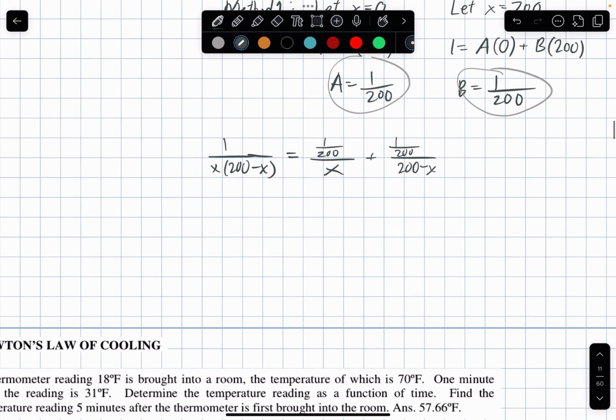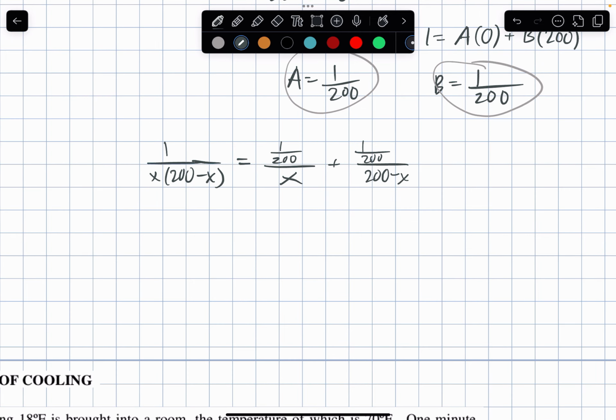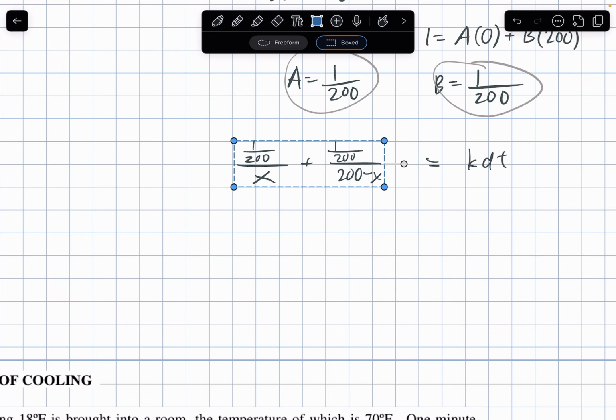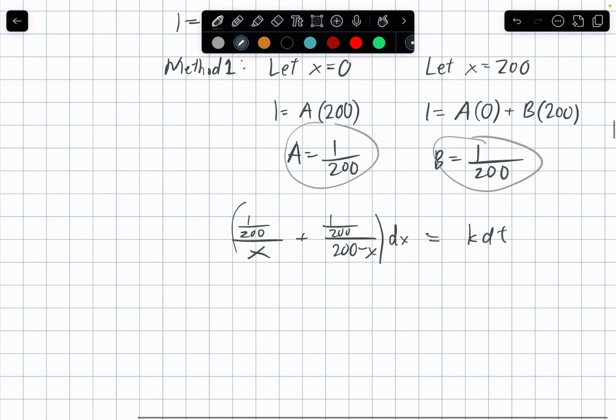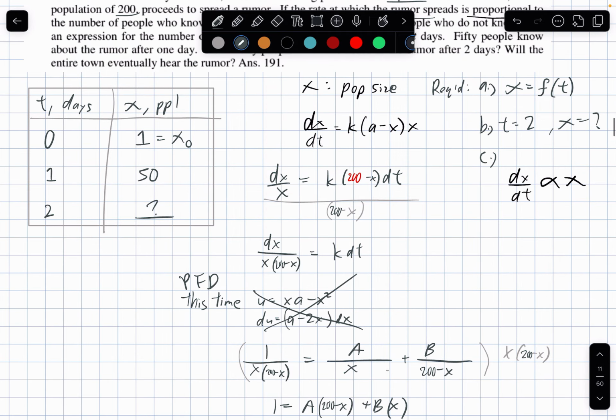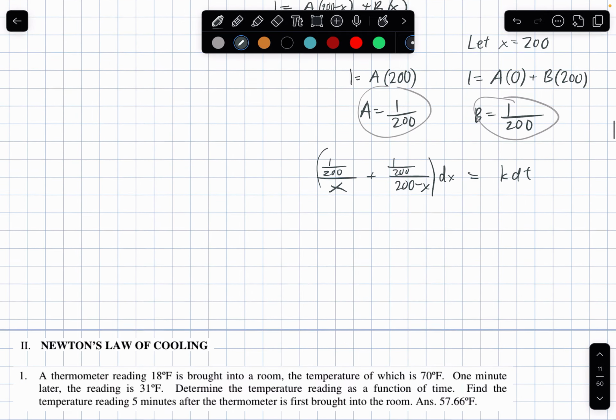So the other side will be, wait, we're gonna use this now. The other side is k dt. Don't forget the dx here. We have two pairs.